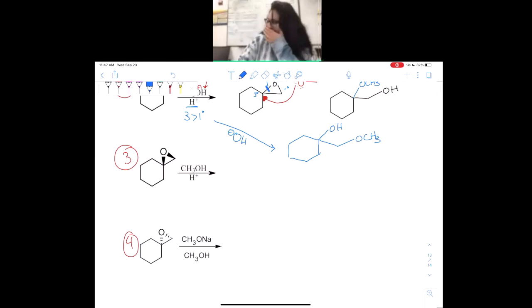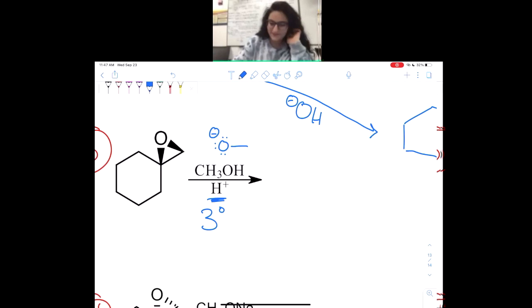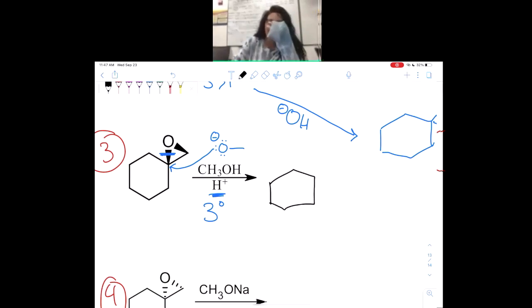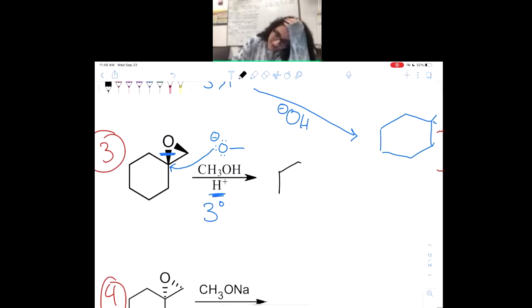And since there's stereochemistry, it's going to be wedged on the OCH3, the one that you're attacking. Yes. And the other part's going to drop down. I can't explain it, but I'd have to draw it. Yeah, I know what you mean. So here's a tip that makes it easier in the future.